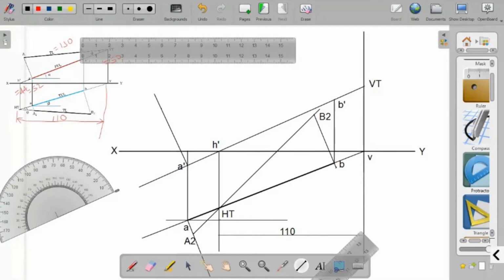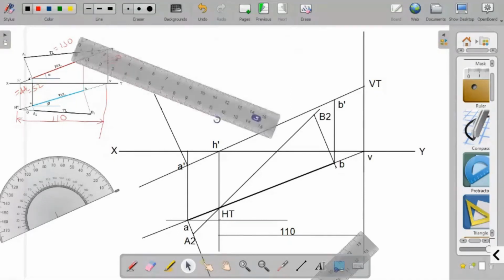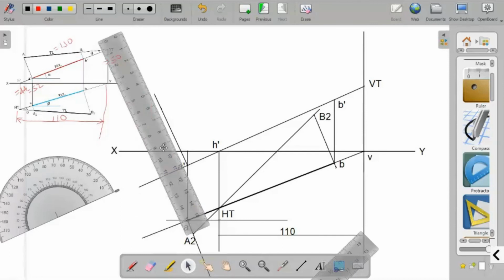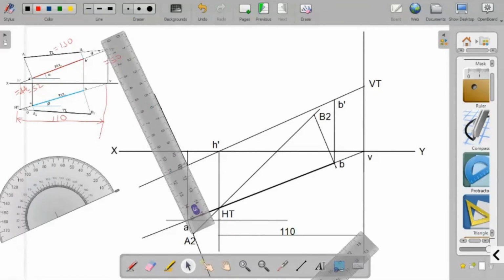and in this line mark a distance equal to 52 millimeter. 52 millimeter is the distance of point A from XY line. So that distance you have to mark, and to 4.8.